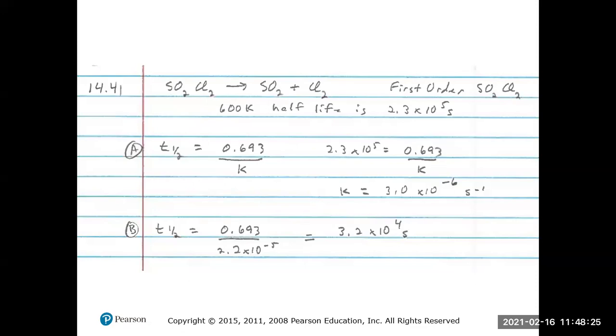And we do the calculation and we get a value for the half-life of 3.2 times 10 to the 4th seconds. So what we see is that we do get a difference in the rate because of different temperatures. Okay, any questions about any of those problems?